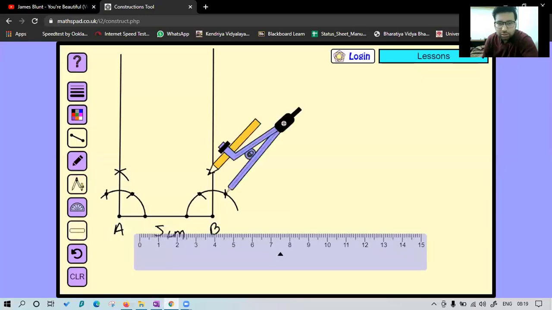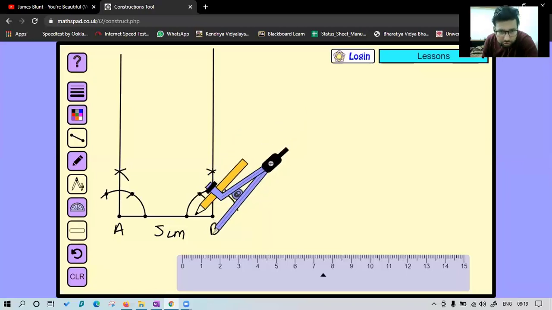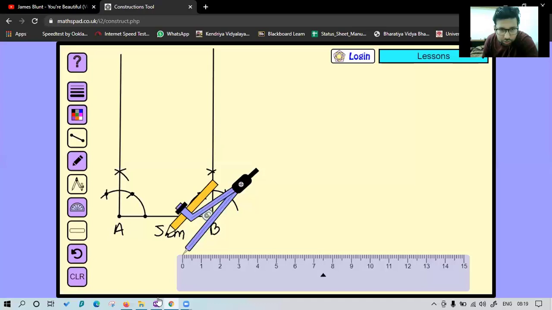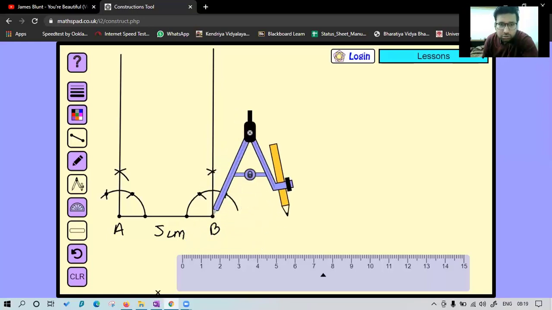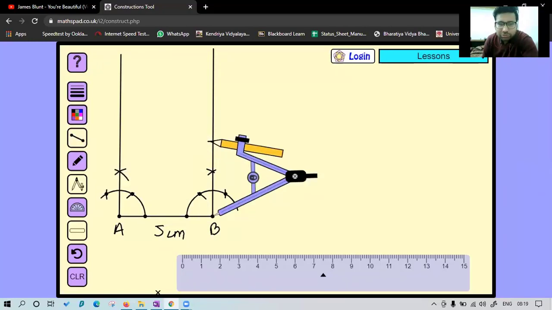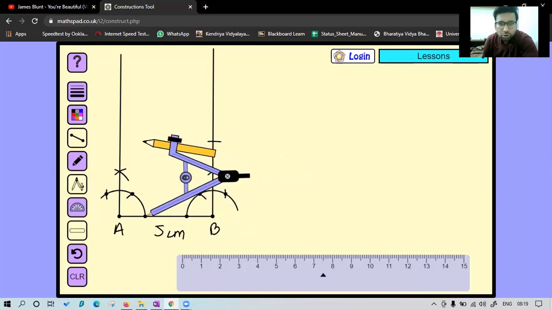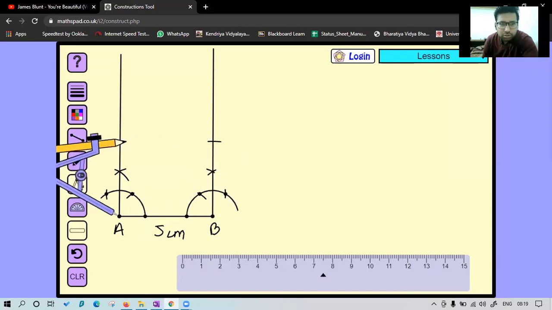Let's take the scale over here, keeping it on 0 and opening till 4 centimeter and close it. Now bring it near. Try to draw only that much arc which is required. If you draw long arcs, that will just mess up the work.